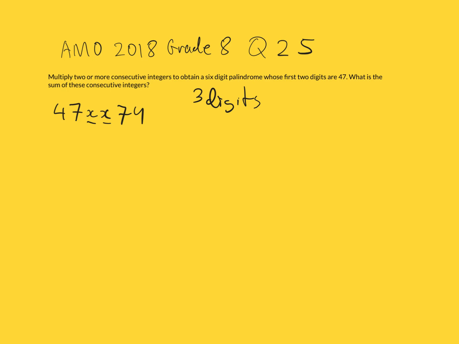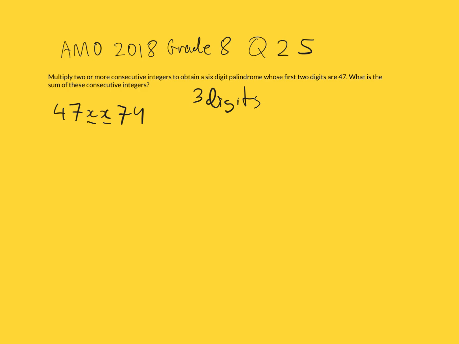Therefore, we move on to 3 consecutive numbers that multiply. Right? What I meant by that was you can multiply this to get this. But now it doesn't work, so we need to add another one. And they have to be consecutive.